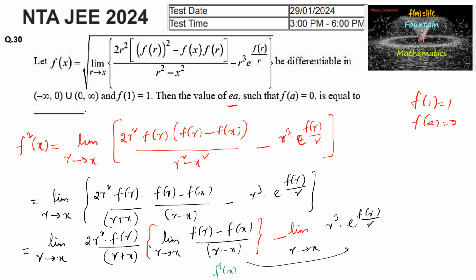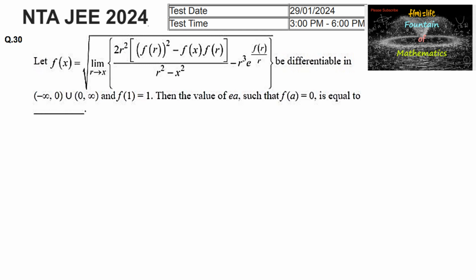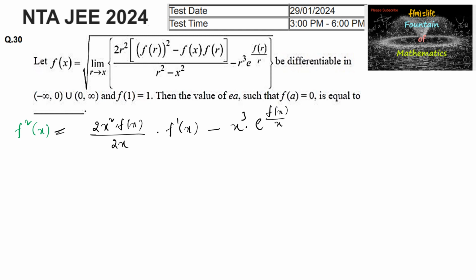So we can write, f square of x is equal to limit r tends to x 2r square of f of r, we can write 2x square into f of x divided by x plus x, that is 2x, into f dash of x minus, and here we can write x power 3 into e to the power f of x upon x.